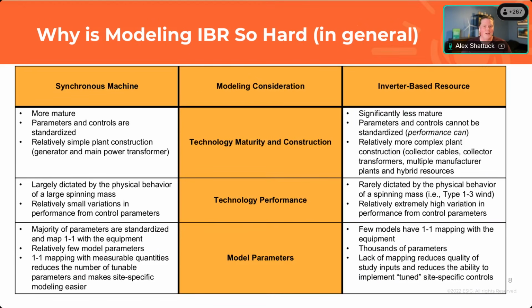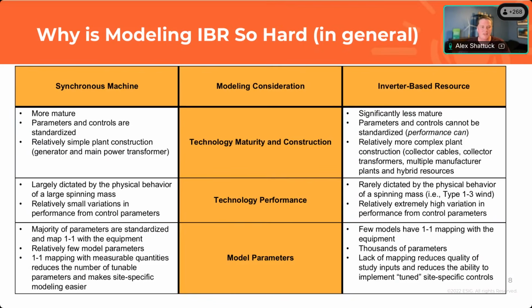But just to hit the high levels, parameters and controls are much more standardized, and plant construction and controller construction are relatively simple for synchronous machines, much more complex on the inverter-based resource side. You can standardize performance, but it's hard to standardize parameters and controls. Again, like I mentioned before.